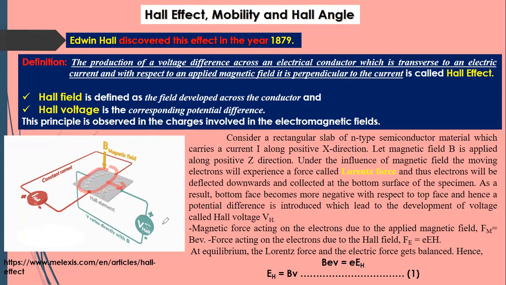So this appearance of opposite charges on the opposite faces creates an electric field. The electron charge and the positive charge on the opposite side create what? An electric field, and that electric field is nothing but the Hall field.